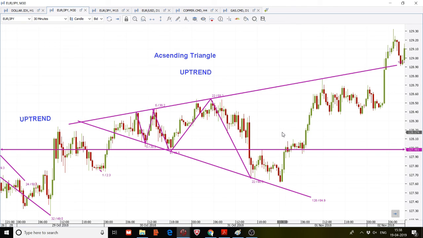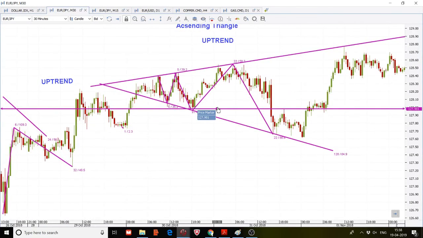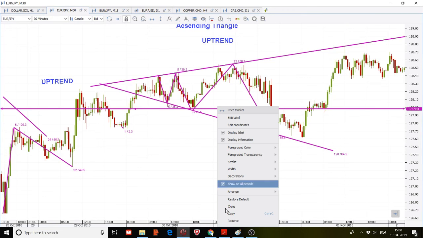So every time you enter a trade, your profit ratio should be larger than your stop loss, only then will your trading be in profit. So we have got the structure.